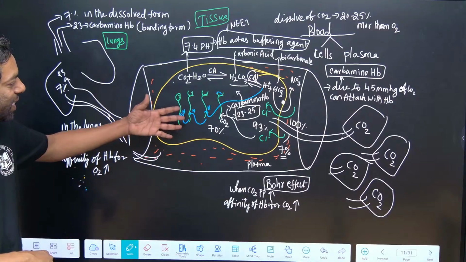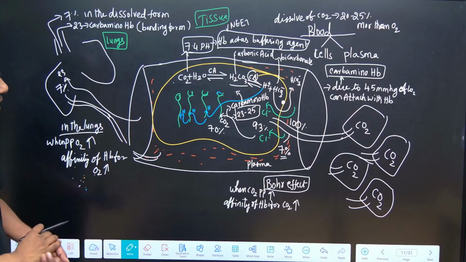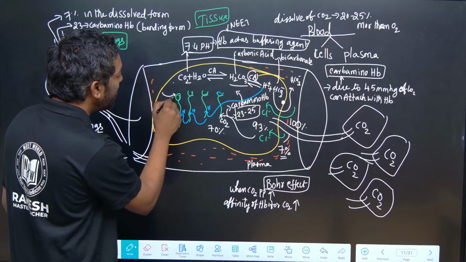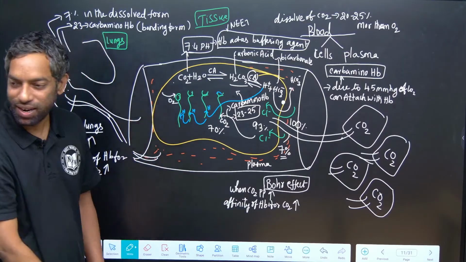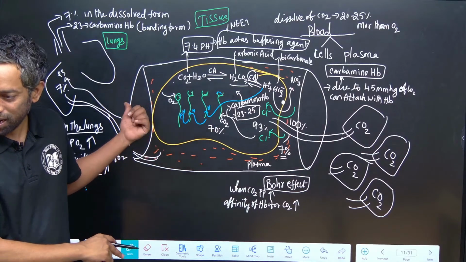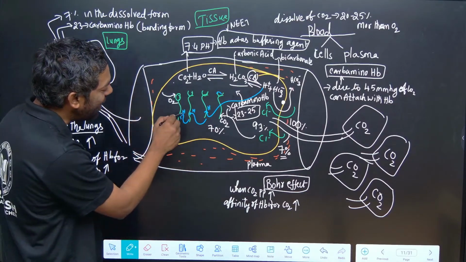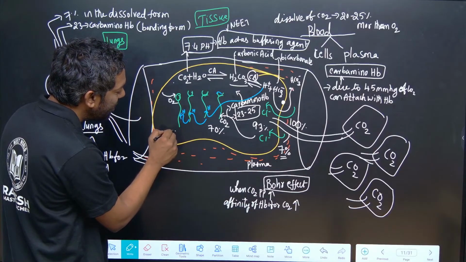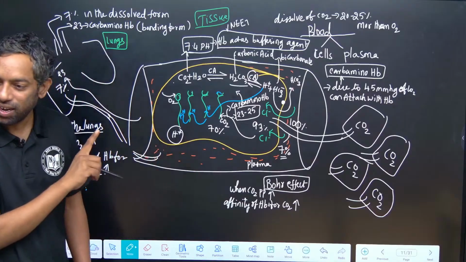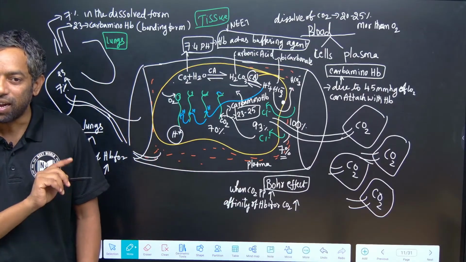So in this condition, what happened? The affinity of O2 to attach to the heme part, once O2 attaches to the heme part in the lungs, they are likely to release hydrogen ion.